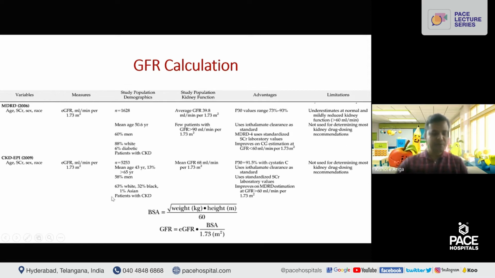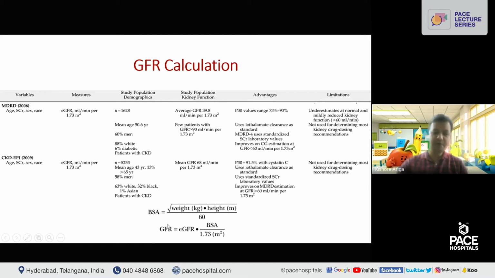Here one more important point which we need to keep in mind is the adjustment for body surface area. Whenever we put the values of age, serum creatinine, sex, and race in the CKD-EPI formula, we get a value of eGFR in mL per minute per 1.73 meter square of body surface area. Body surface area is calculated by this formula.